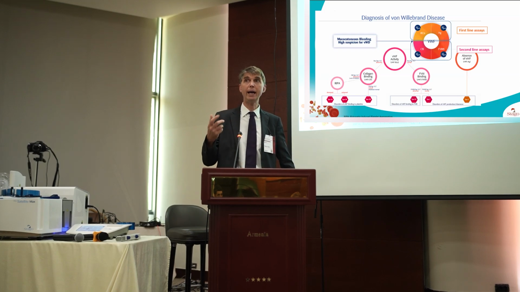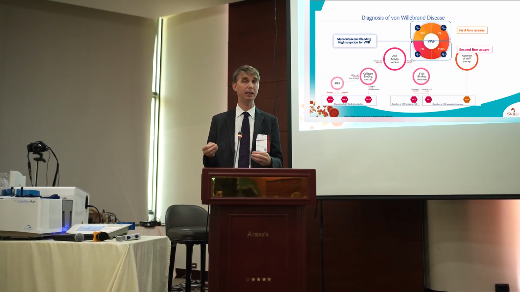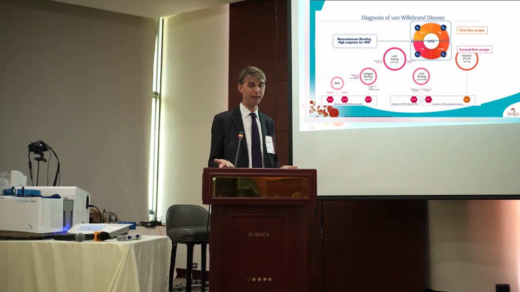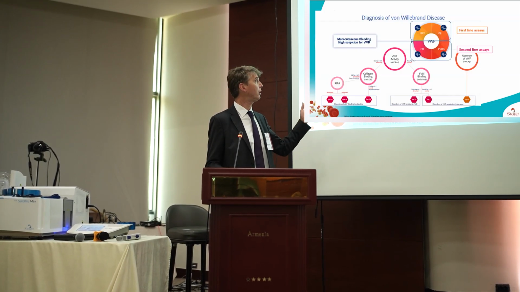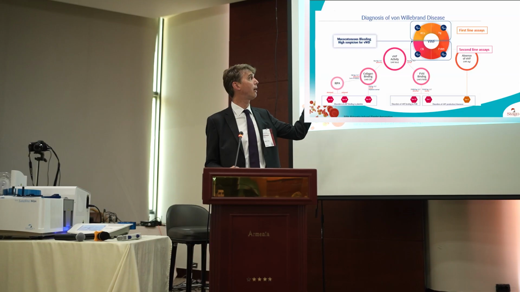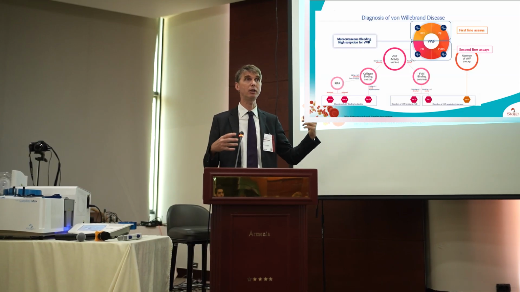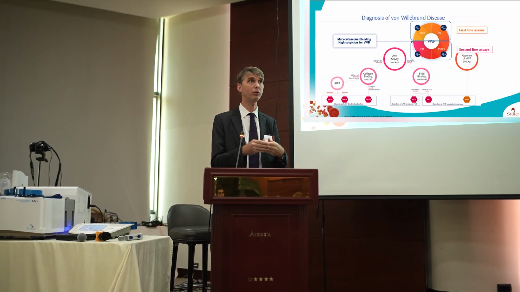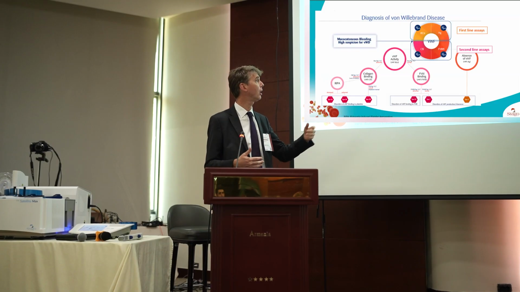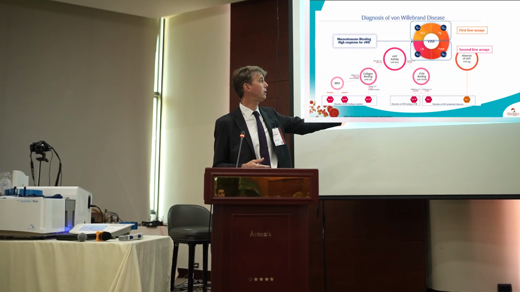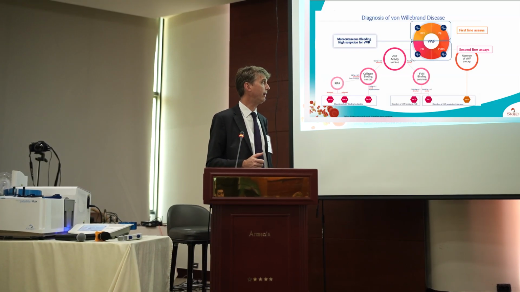And then to diagnose precisely what kind of von Willebrand subtype it is, you need additional testing. This additional testing will be performed with factor 8 binding, so the link of the von Willebrand to the factor 8. And when you have an issue, it is called type 2N.